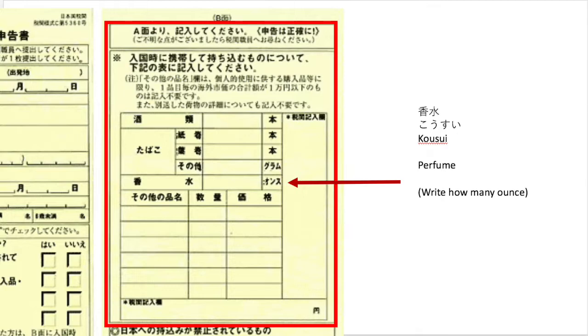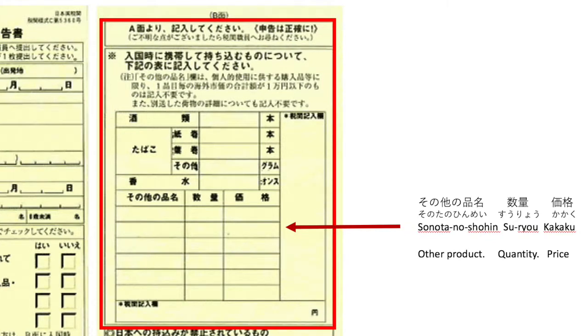And next one is perfume. It's called kōsui, and you have to write how many ounces you brought in. The last one here is sonota no hinmei, which means other products. And suryo is quantity, and kakaku is price. So you have to write all of this.